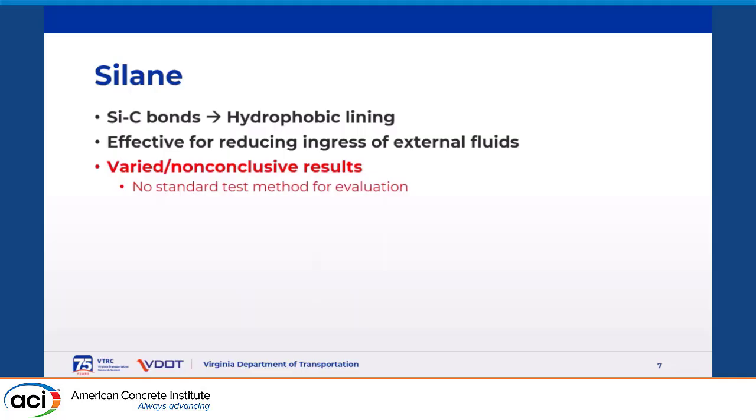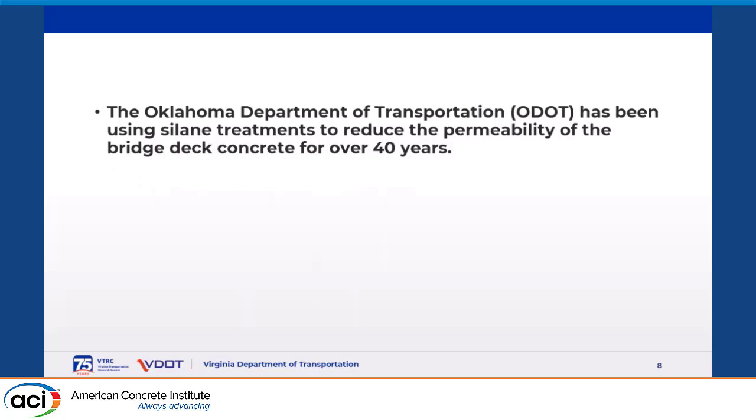it has been shown that the results of using silane differ. We could see different performances, and one reason is that there is no standardized test method to evaluate those silanes or coatings. In 2018, Oklahoma DOT reached out to us.